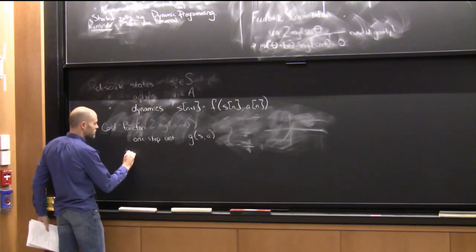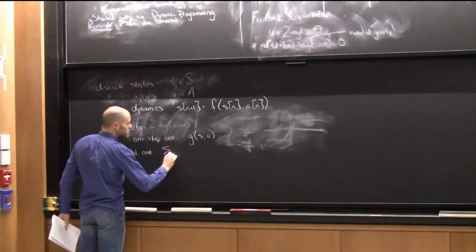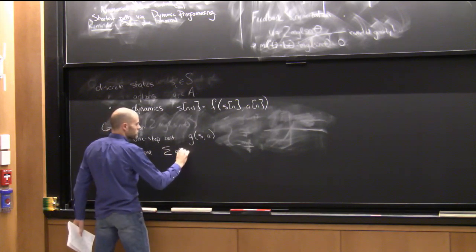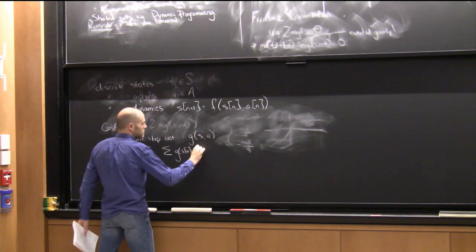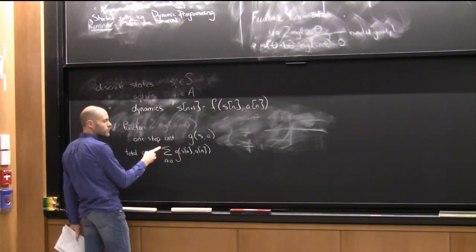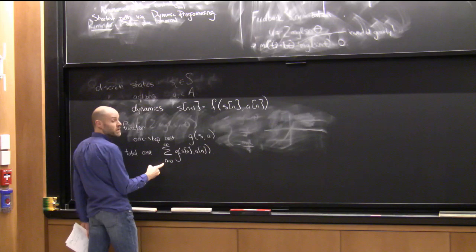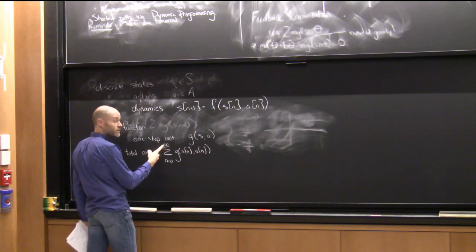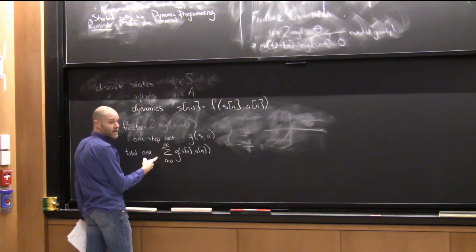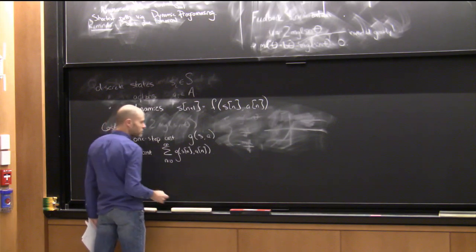And my total cost along a trajectory, I'm going to just add these up, over some interval, which could be infinite or finite. I'll stick with infinite for now, but every time you see that, make sure that thing converges, that it doesn't go off to infinity, and I'll try to convince you that we'll be okay today.